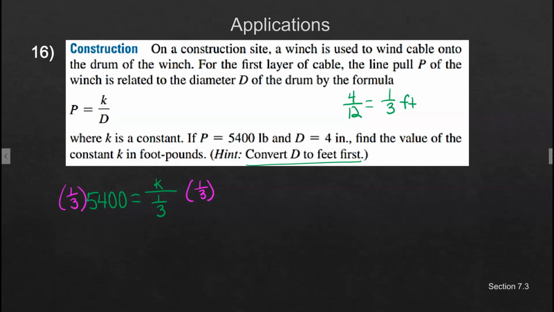All right, so that's going to cancel that out. And 1/3 of 5,400 is 1,800. And that would be foot-pounds. And so that is what K is equal to in this case. The constant K would be 1,800.